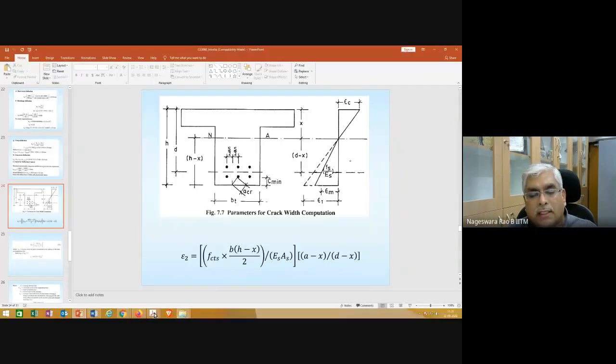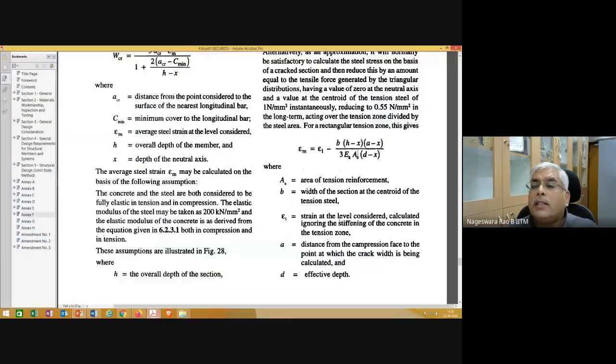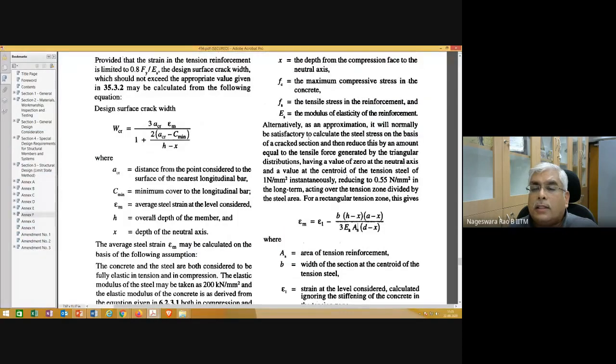What the code is saying is, to calculate the steel stress on the basis of the cracked section, that is what this epsilon 1 is, and then reduce this by an amount equal to the tensile force generated by a triangular distribution having a value of 0 at the neutral axis and a value at the centroid of the tension reinforcement of 1 Newton per mm square instantaneously.